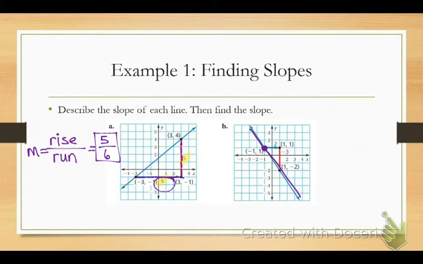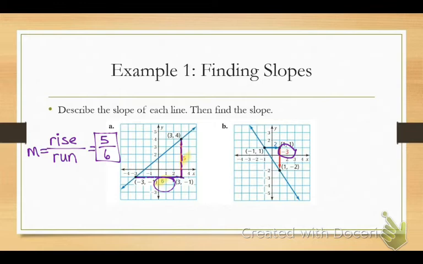Does everybody see from left to right my line is going down? That means my rise is negative. That's why you see a -3 right there. If your slope is negative, that means the rise is negative. You will never run backwards. Does that make sense? Because you always read left to right. The run will never be negative.